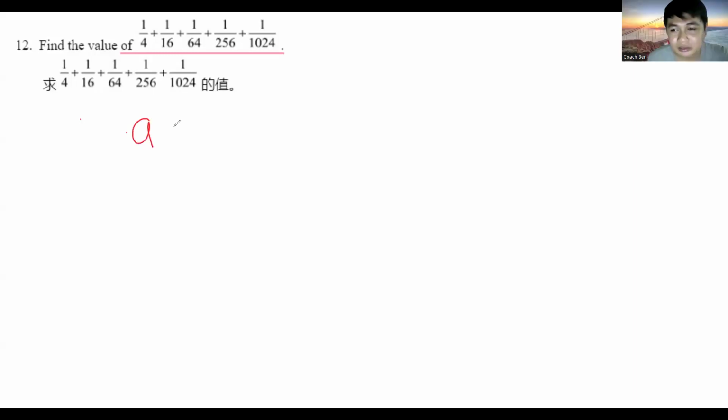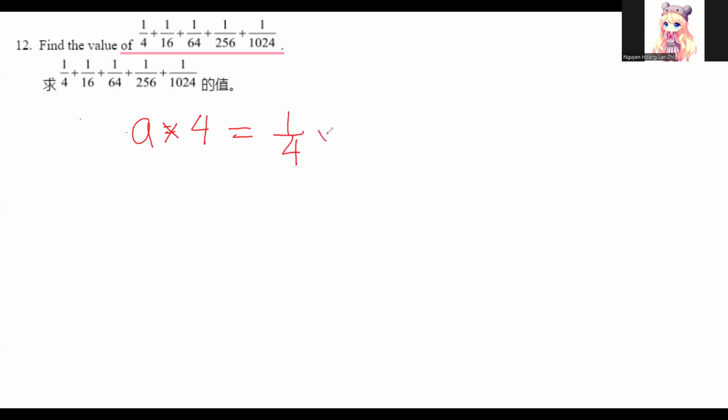A. Yeah, so A multiplied by 4 equals. So you can see that 1/4 multiplied by 4 is 1. So can you write 1 for me, please? 1.